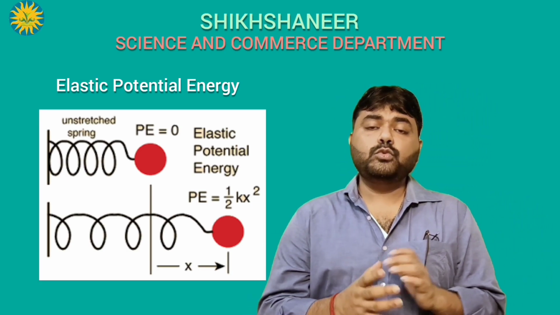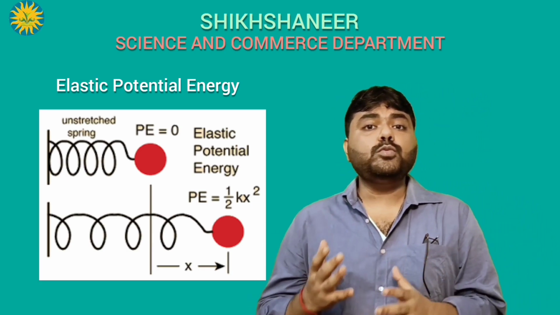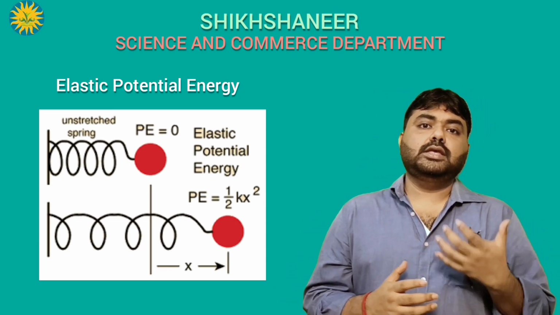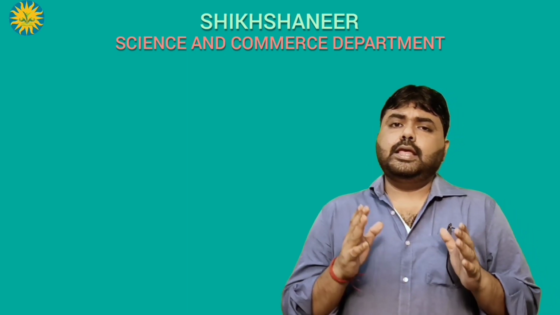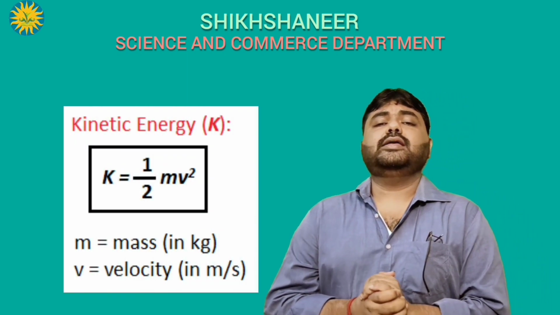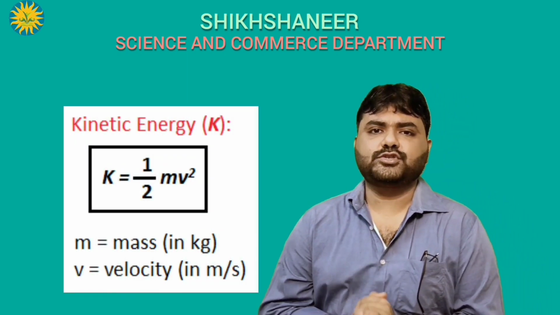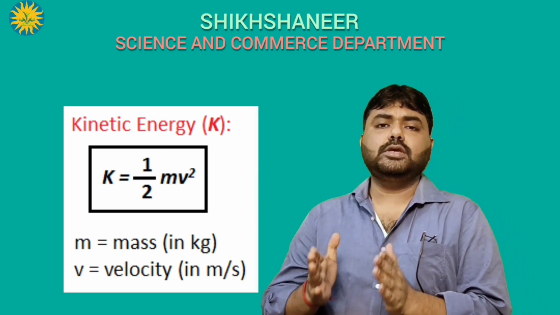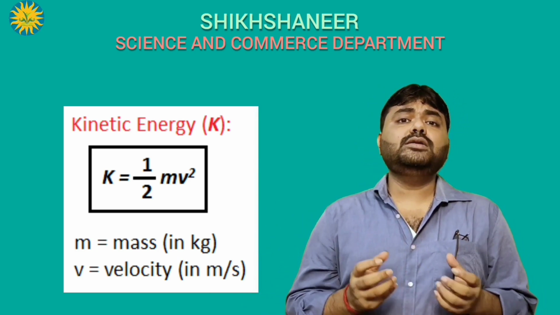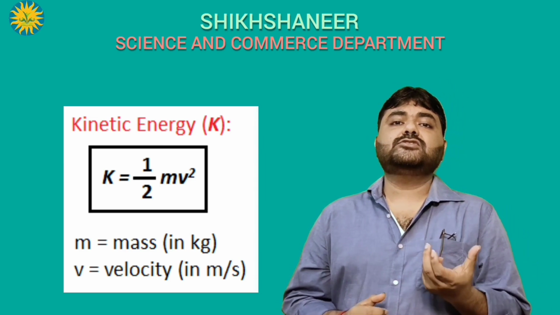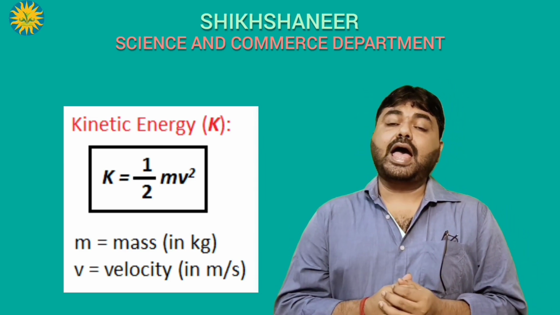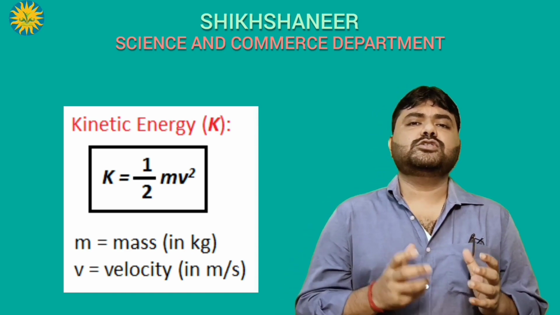Now, we will discuss the formulas for calculating kinetic energy as well as potential energy. The formula for calculating kinetic energy is half mv square, that is, half into m into v square. What do these letters signify? m stands for the mass of the body and v stands for the velocity of the body.